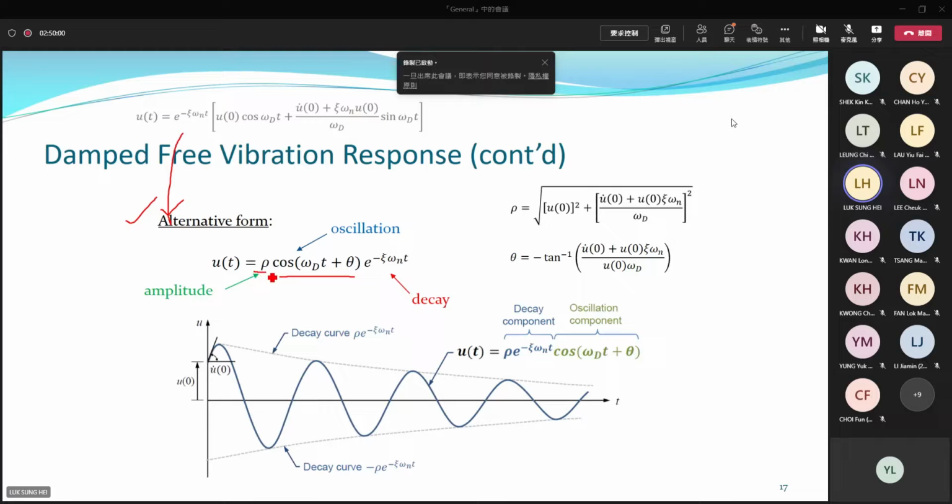Rho means the amplitude, times an oscillation function, cosine, with a phase angle, theta. And then for a damped system, there is a damping decay function, the exponential function, minus damping ratio times natural frequency times the time. You can calculate rho, the amplitude, and the phase angle, theta, using the equations shown on the right-hand side of this page.